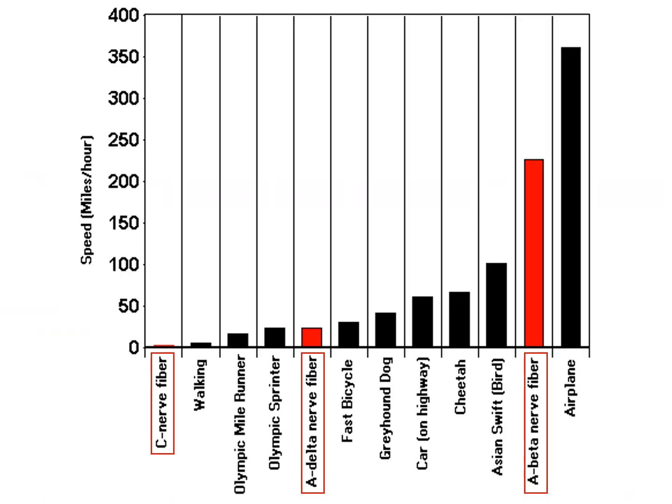Okay, and then this just gives you some relative ideas of how fast these axons are transmitting. So here's your C fiber, really slow. They're not myelinated, very small diameter. You can walk faster than they transmit action potentials. And then here's these A delta fibers.